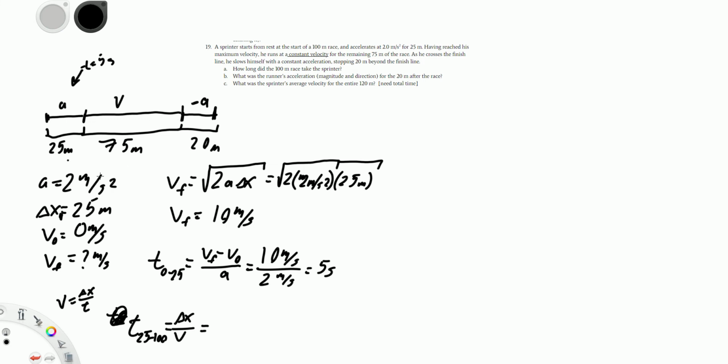Our delta x is 75 meters. And our velocity we found was 10 meters per second. So that gives us the second leg is 7.5 seconds. There we go. All right, so the time for the 100 meters is 5 plus 7.5, so 12.5 seconds.